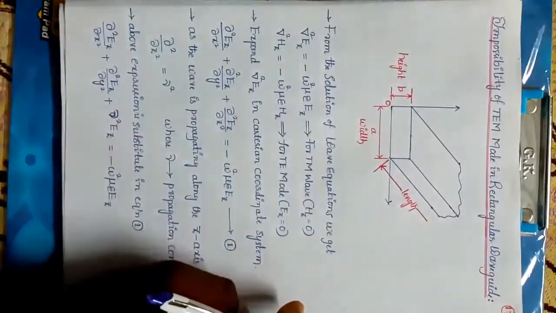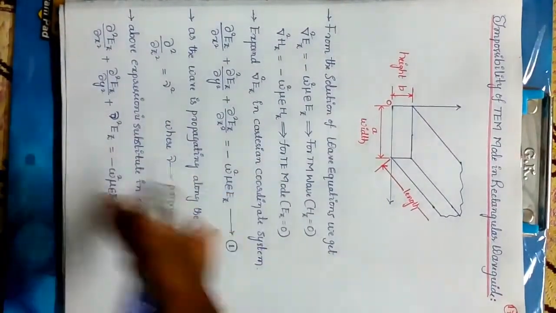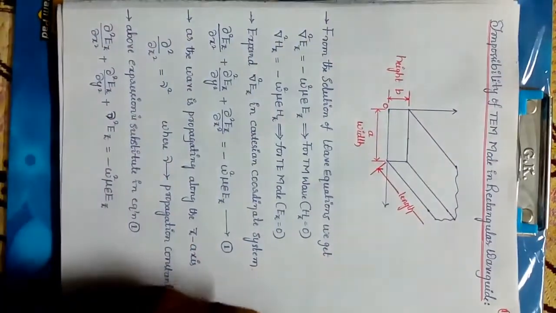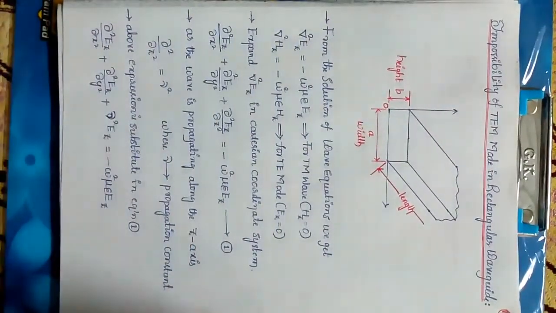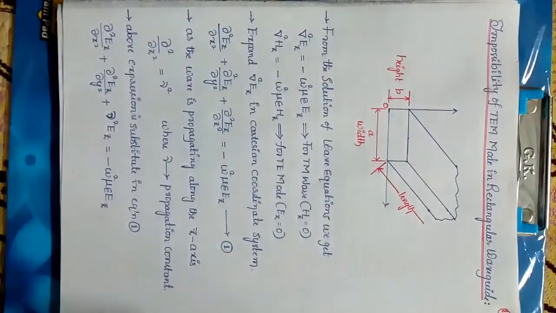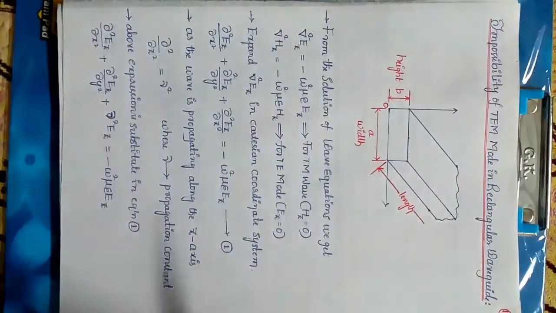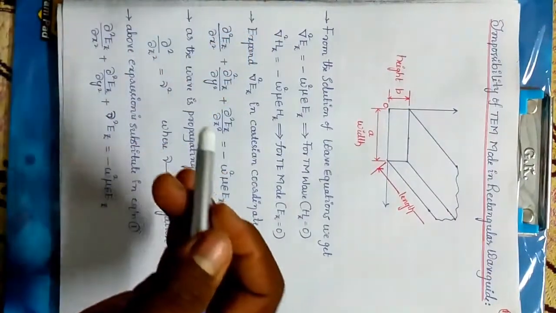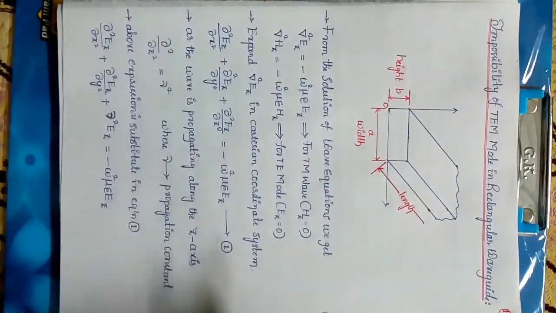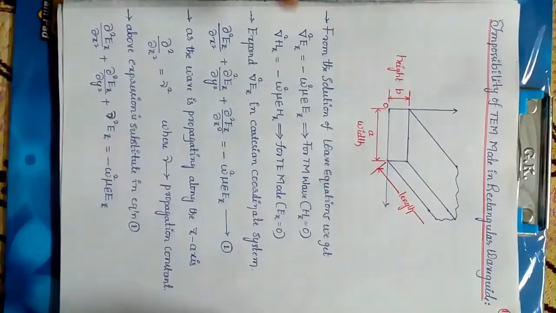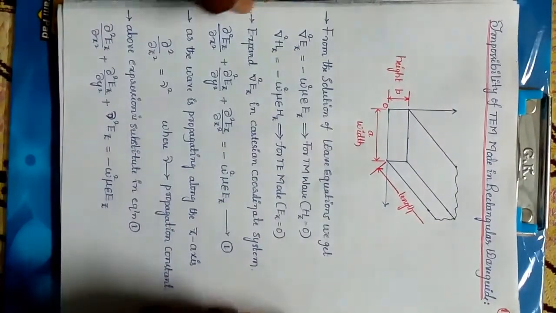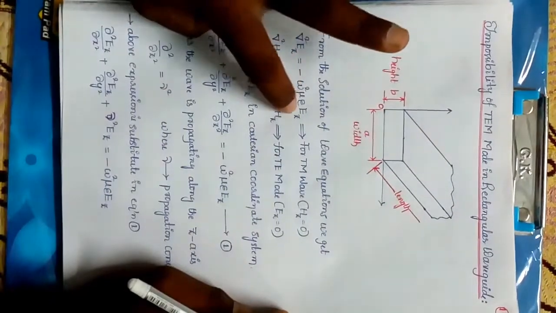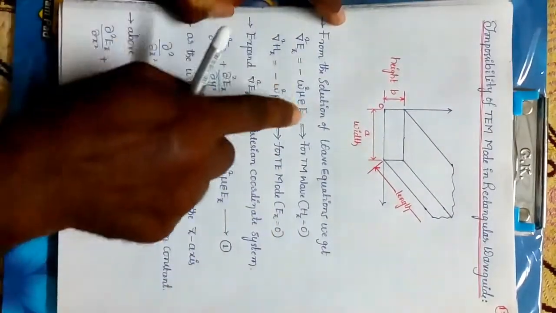Just observe. From the solution of the wave equations, I already derived this. What are the solutions of the wave equations for TE and TM modes? From those equations, let us derive some expressions for the impossibility of the TEM mode in a rectangular waveguide. From the solution of wave equations we get the first solution, del square Ez is equal to minus omega square mu epsilon Ez, and this is for the TM wave.